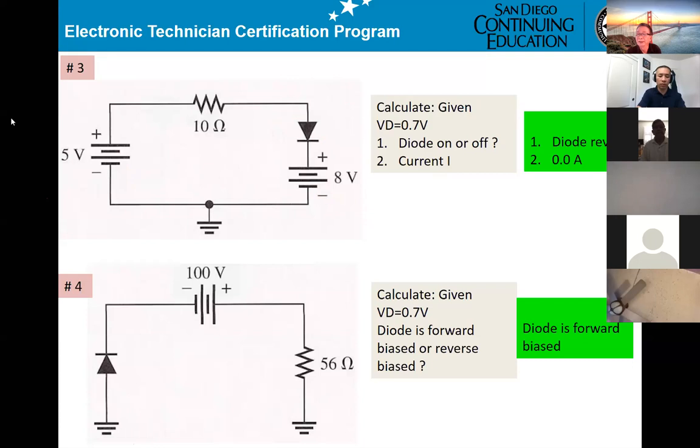Okay, and the current equals 0 anyway. No current flows. When it is off, it will be open. Okay, number 4. The question is just whether it is on or off.